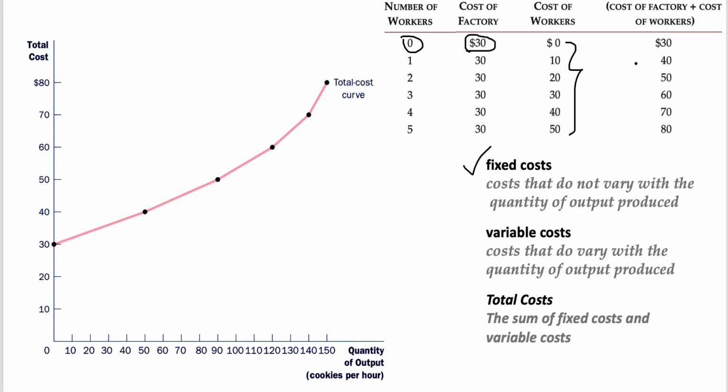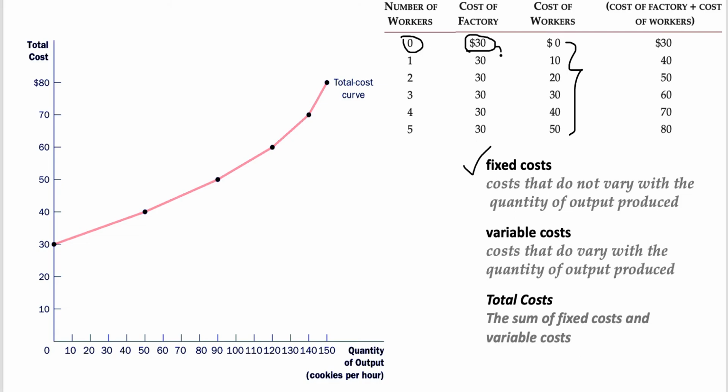When we sum these costs, which is known as the total cost, 30 plus 0 is 30, and 30 plus 10 equals 40.